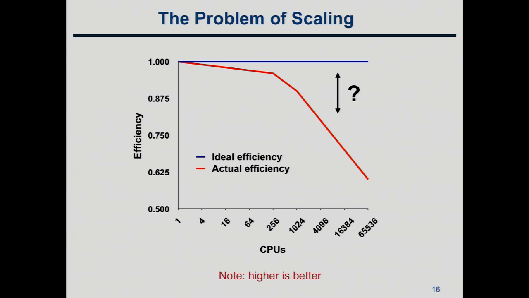So one of the key challenges when using large-scale parallel systems is that as you scale to larger numbers of processors, your efficiency typically drops off. What you'd like is an efficiency of 1.0, so that as you add more and more processors, you continue getting the full benefit of each of the processors and cores that are available.